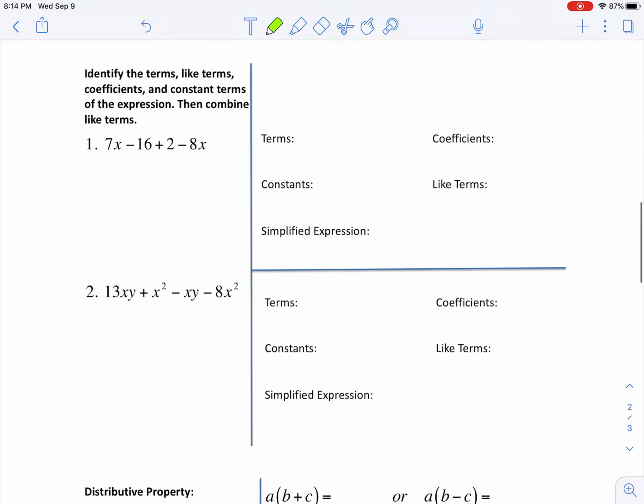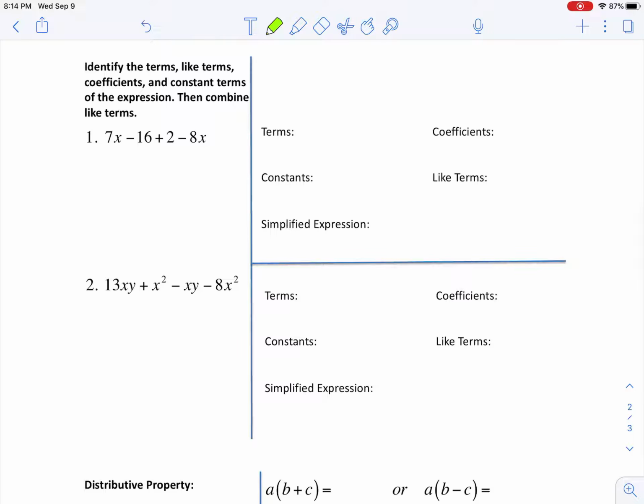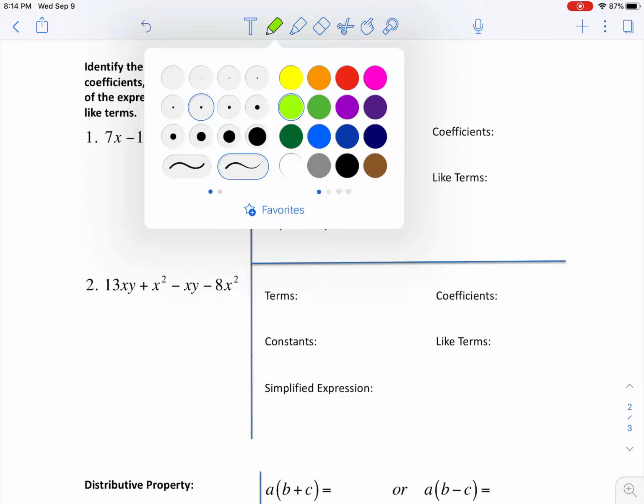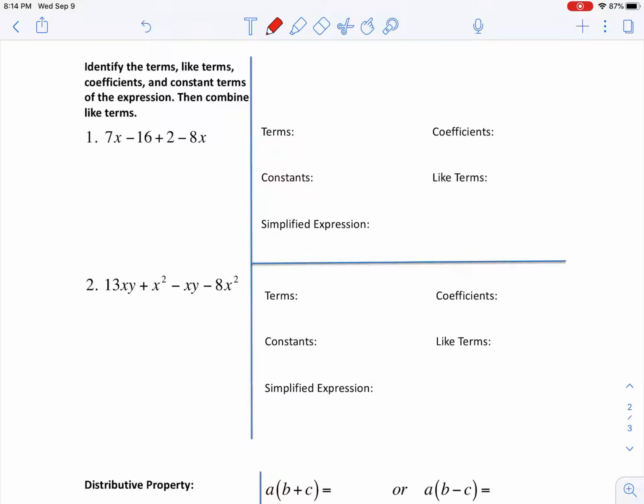All right, so now we're going to identify the terms, the like terms, the coefficients, the constants of the expression, and then simplify it, or what we say, combine like terms. So now let's go ahead and look at the terms. Terms are connected by plus or minus signs.